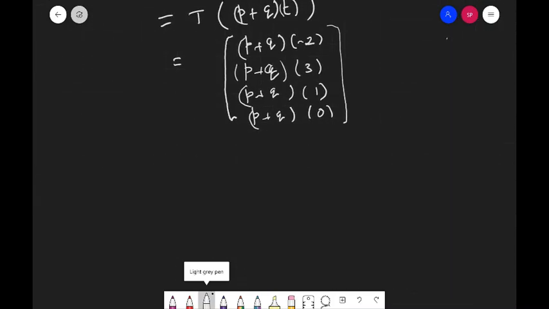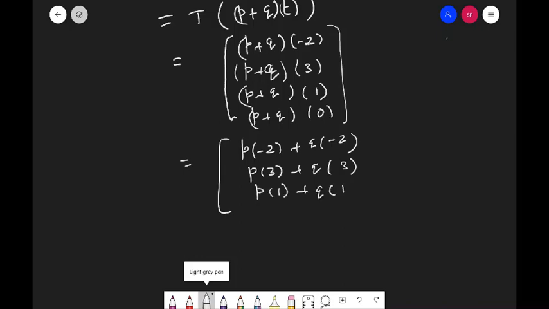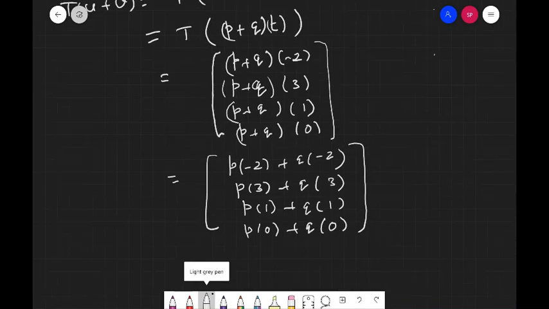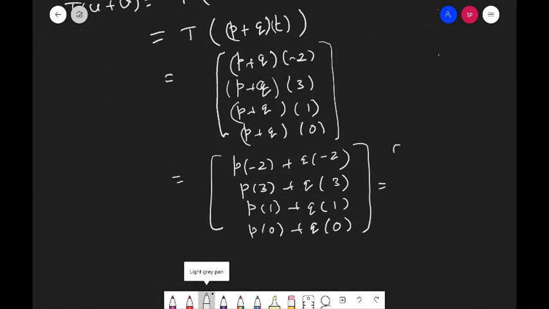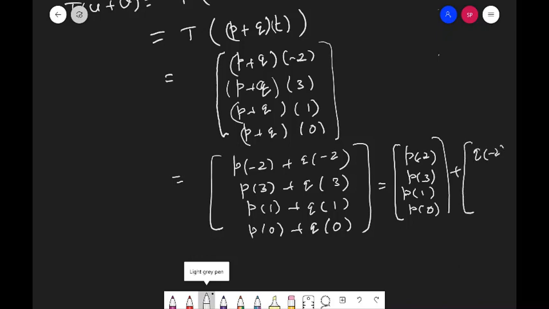Now I can write this as P of minus 2 plus Q of minus 2, P of 3 plus Q of 3, P of 1 plus Q of 1, and P of 0 plus Q of 0, which is nothing but the column P of minus 2, P of 3, P of 1, P of 0 plus the column Q of minus 2, Q of 3, Q of 1, Q of 0.